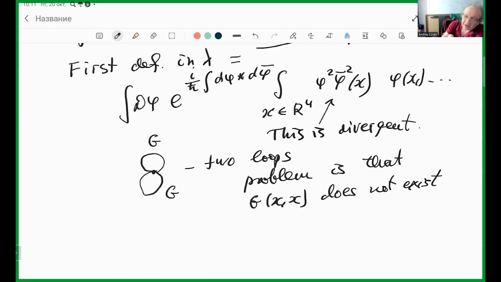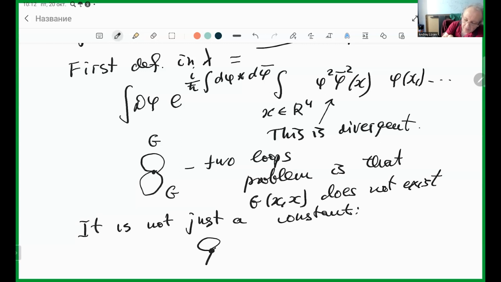The way to say that it is just a constant and could be ignored or reabsorbed also doesn't work, because this also does not exist.